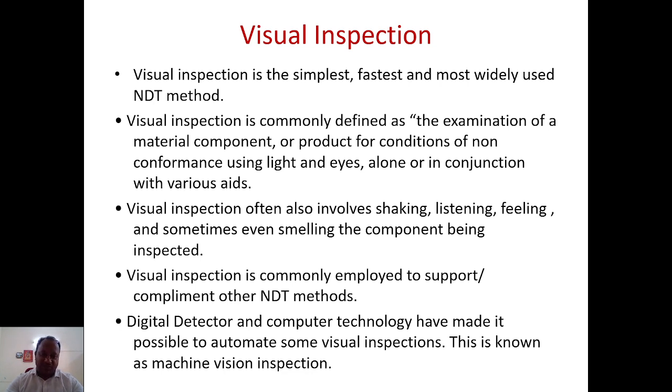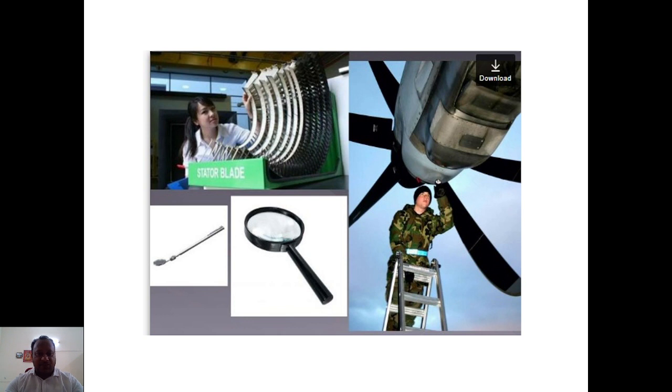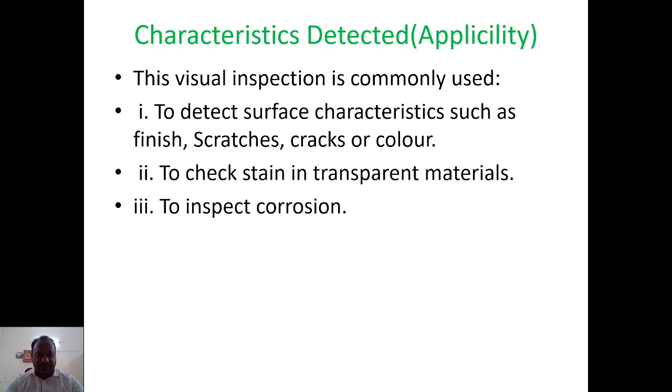By smelling that, we can say the component has been overheated. In the same way, we can use digital detectors and computer technology, which is known as machine vision. Here we detect surface conditions such as scratches, cracks, color and any corrosion. Whatever the material, due to some chemical treatment, corrosion can occur.